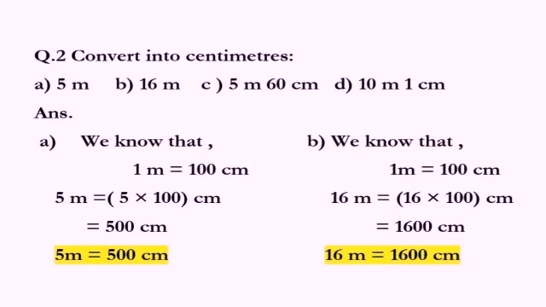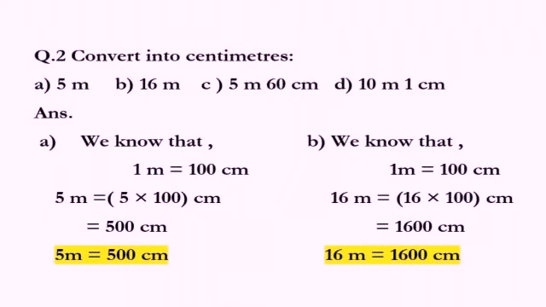Now the second question, that is convert into centimeters. The questions are: A, 5 meter. From 5 meter you have to convert it into centimeter. So meter to centimeter, that means bigger to smaller. Whenever we want to convert a bigger unit to a smaller unit, we need to multiply. For meter, decimeter, centimeter, 2 steps are there.